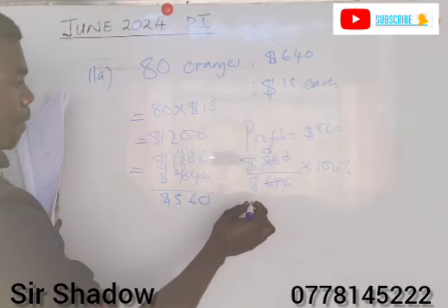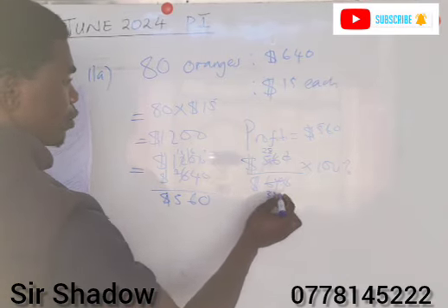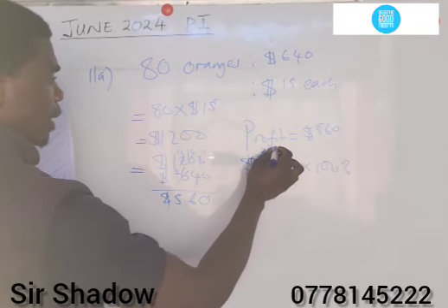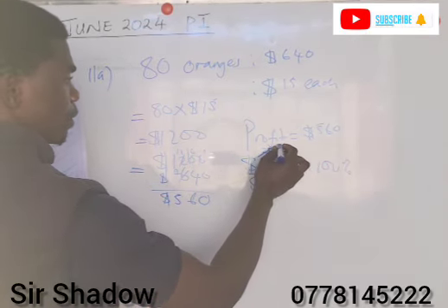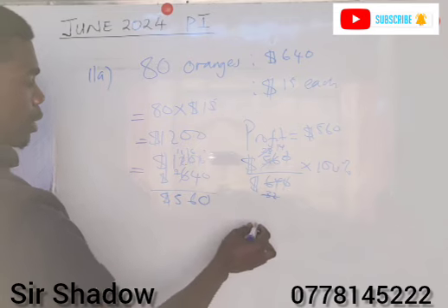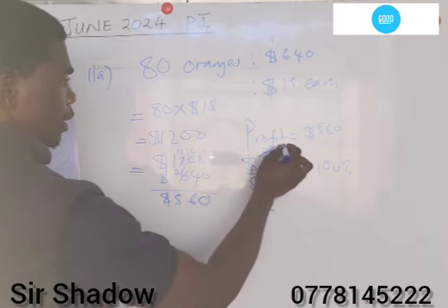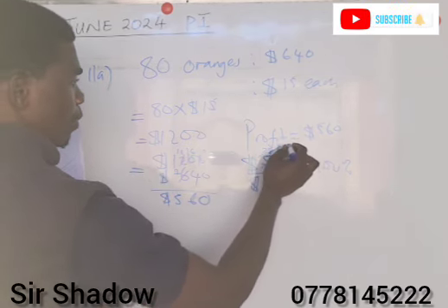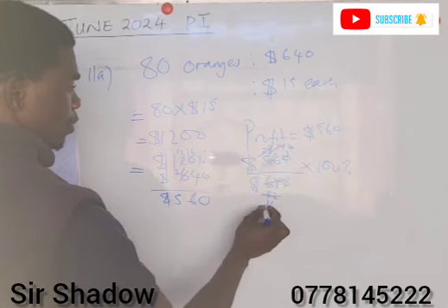Divided by 2, 28 becomes 14, and 32 becomes 16. Then 14 becomes 7, and 16 becomes 8.